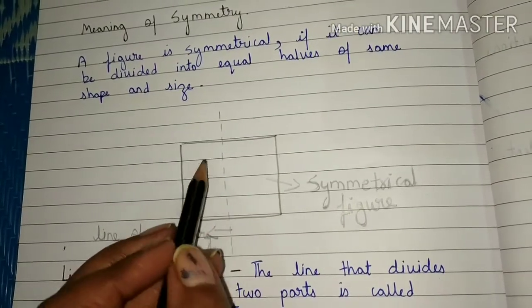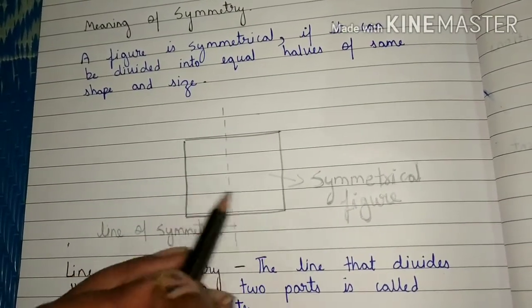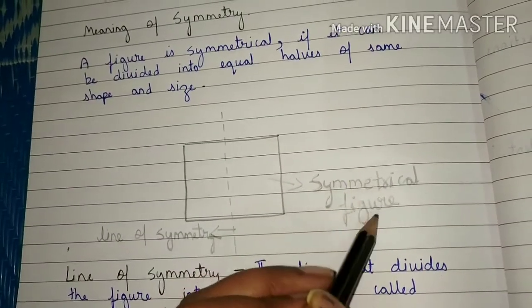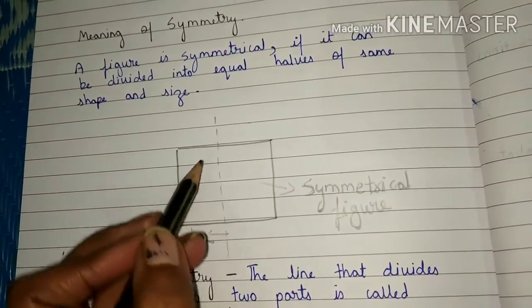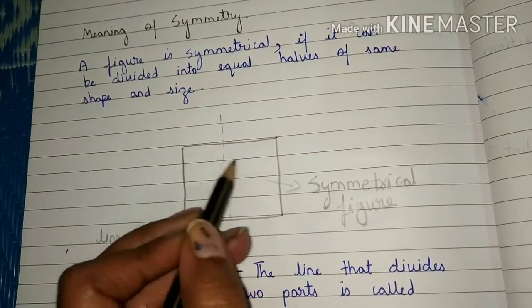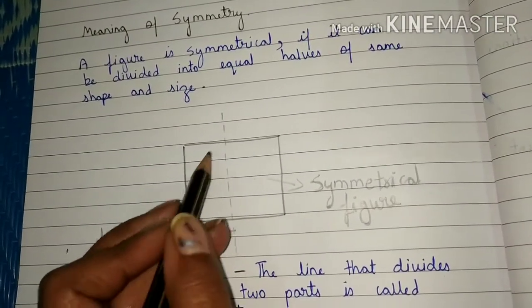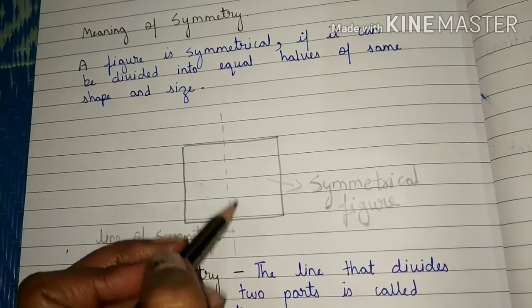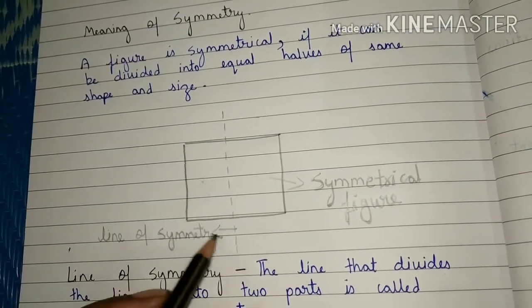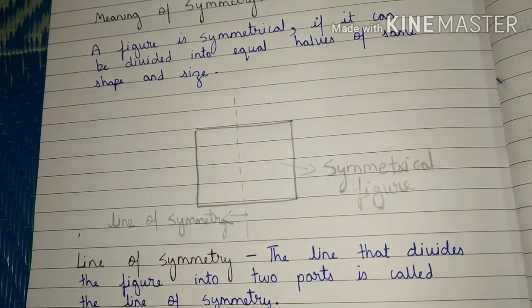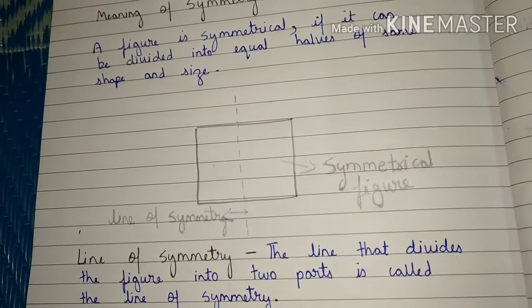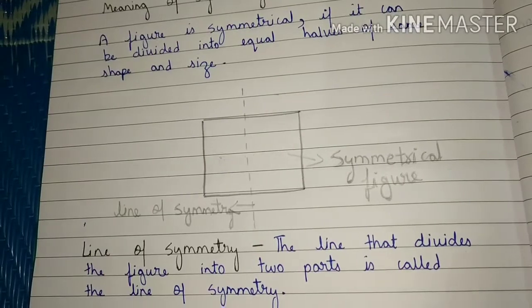So students, this type of figure is known as symmetrical figure. And this line divides the figure into two equal parts, so this line is known as line of symmetry. Students, I hope you have understood the concept of symmetry.